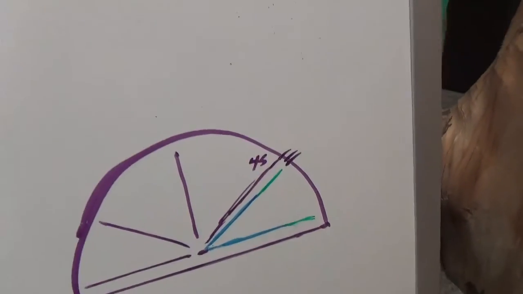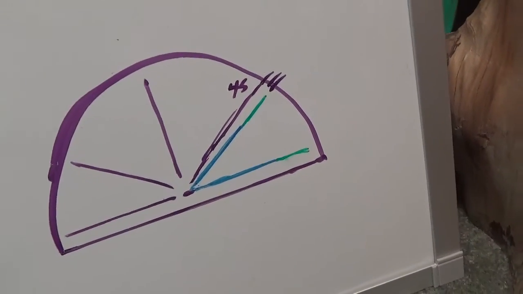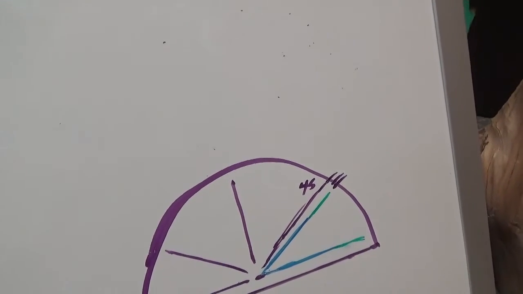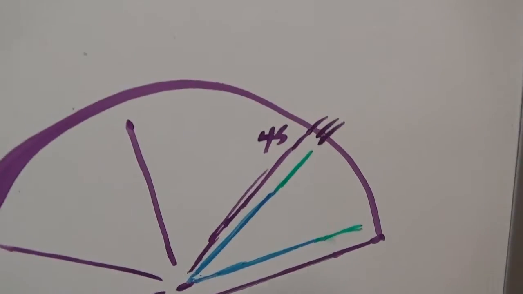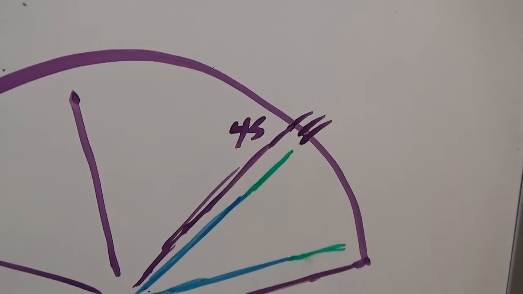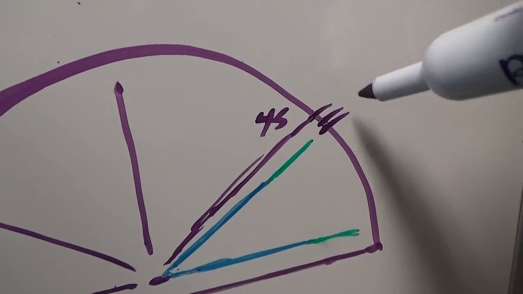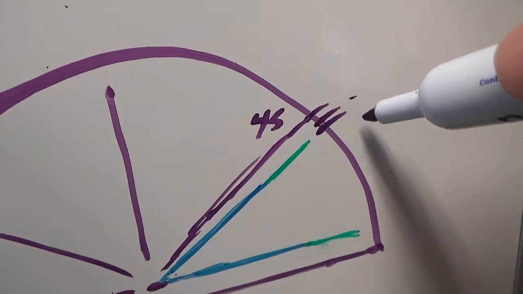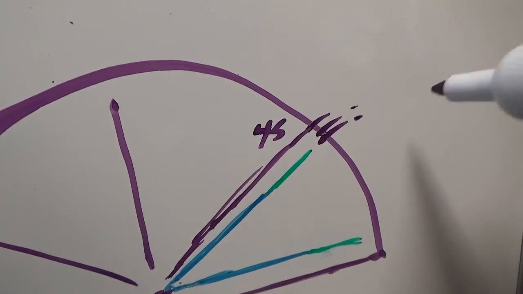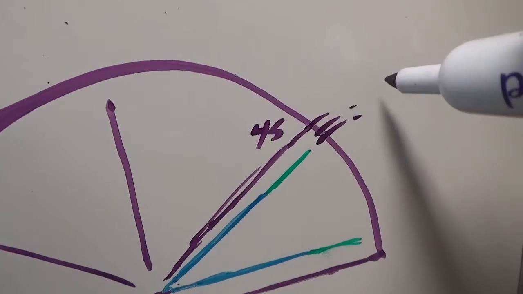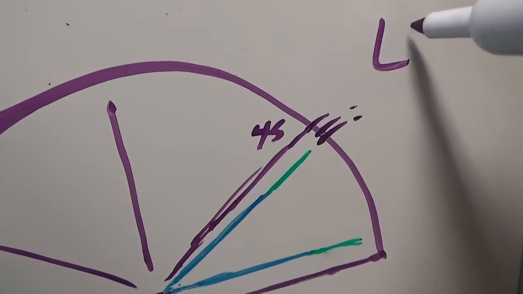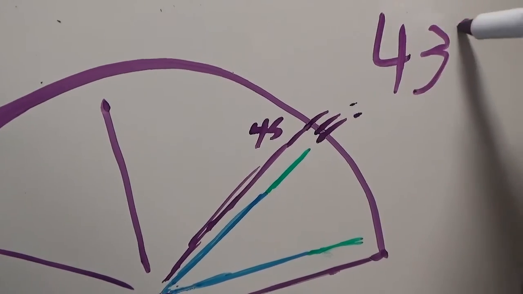So you'll then lay your protractor over that angle, and I see that there's the 45 degree line, and then my angle is a little bit less, and so we can count. I see that it's 1 tick less, 2 ticks less. So it's actually going to be 45 minus 2, which we'll say is 43 degrees.